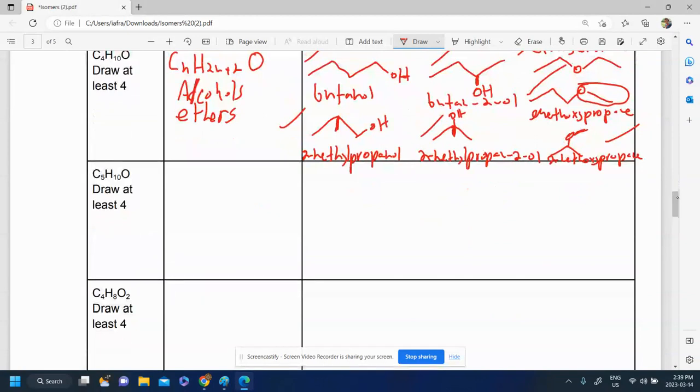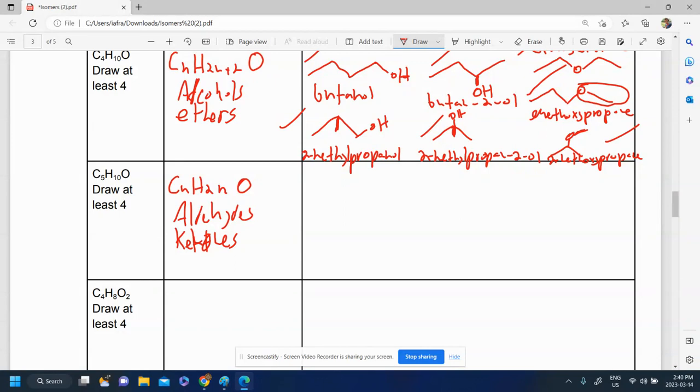So C5H10O. So this is CnH2nO. And if you remember, you could think of this as being aldehydes, ketones, and also cyclic molecules, like cyclic maybe alcohols or maybe a cyclic ether.